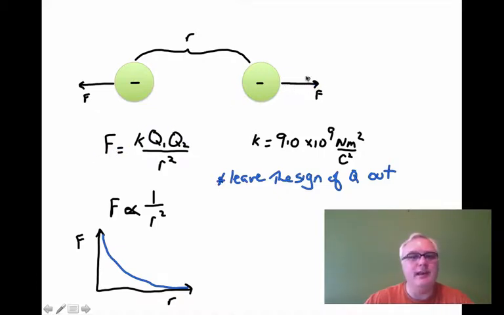That positive is not indicating positive direction, it's indicating a repulsion. Yes, the force on this charge is in the positive direction, but the force on this charge is in the negative direction. So it tends to get a little bit confusing when you start including the sign and getting positives and negatives. It's best to look at your vector diagram to determine the direction of the force.